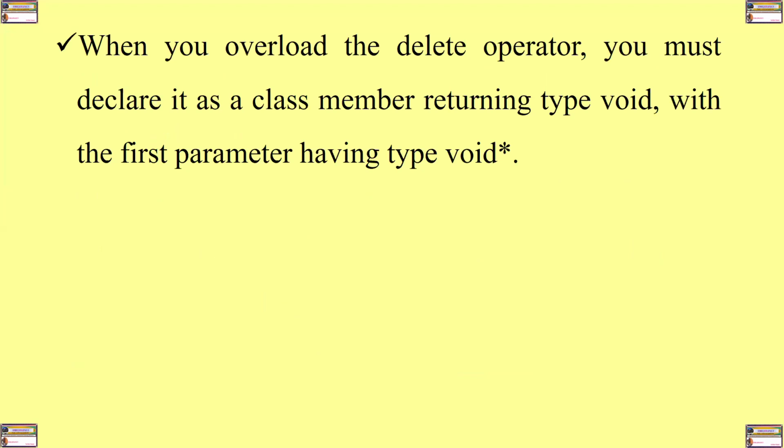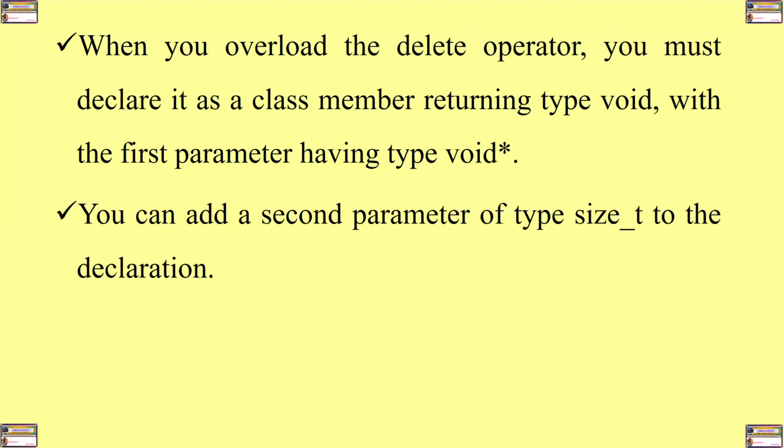When you overload the delete operator, and you are going to see some overloading in this presentation, you must declare it as a class member returning type void with the first parameter having type void pointer, a pointer which does not return any value.